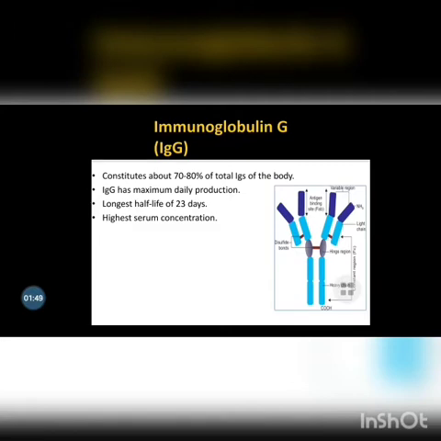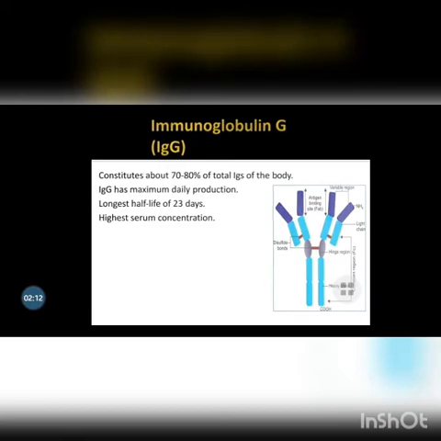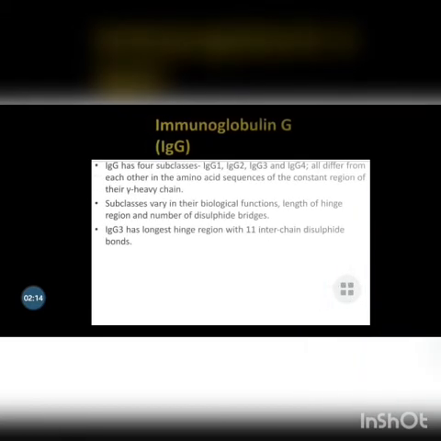This Fc region is present at the downside with the COOH terminal, and it helps with the lytic activity of the antibodies. This also initiates the antibody dependent cell mediated cytotoxicity, that is the ADCC response, a cell mediated defense mechanism wherein the effector cells, that is the phagocytes, destroy the target cells.